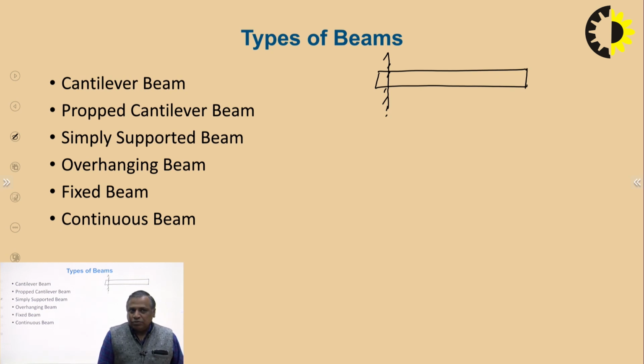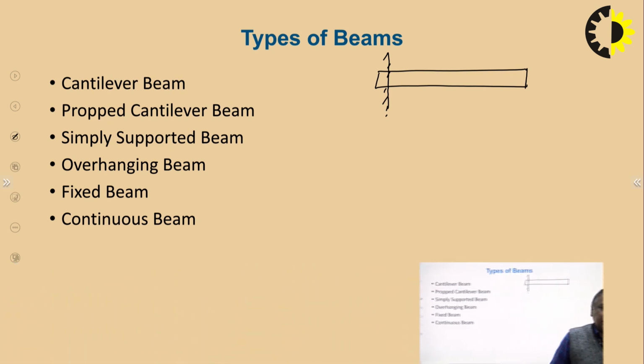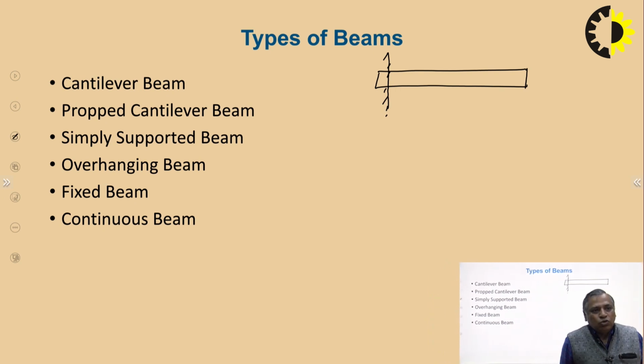You can apply a point load, a uniformly distributed load, a uniformly varying load, or subject this cantilever beam to a moment only. Or a combination of these, the point load and the distributed loads. That is a cantilever beam.